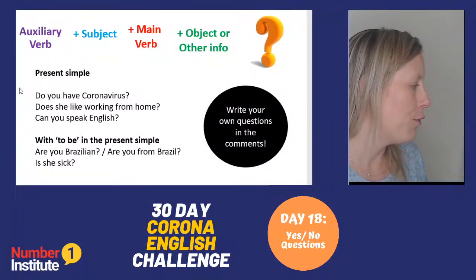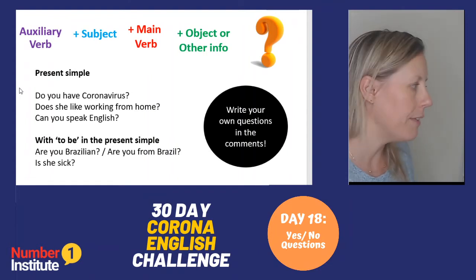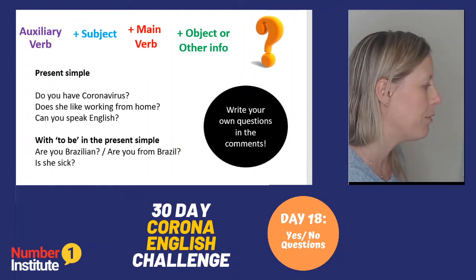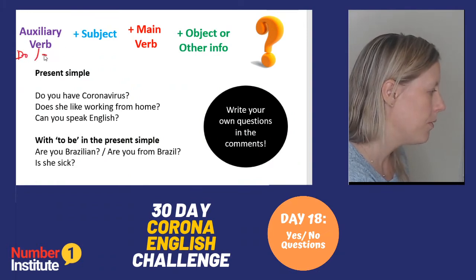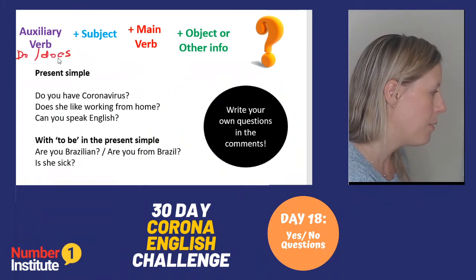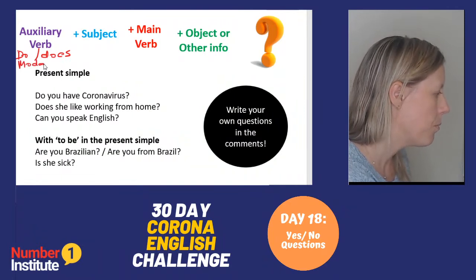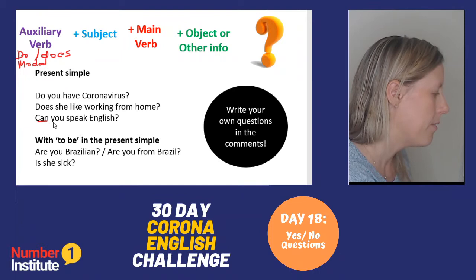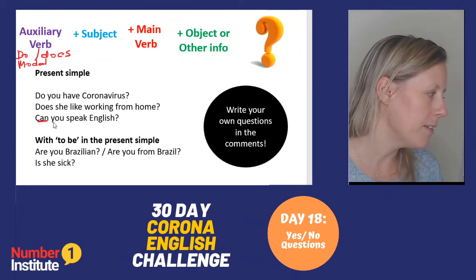All right, so for present simple, we have the auxiliary verb, and you can have a look here. We've got do or does. And we've also got a modal verb here, can. All right, so do you have coronavirus?